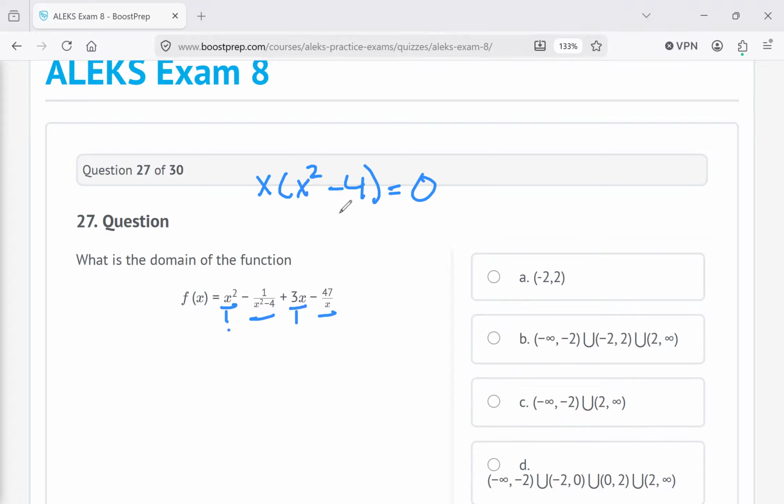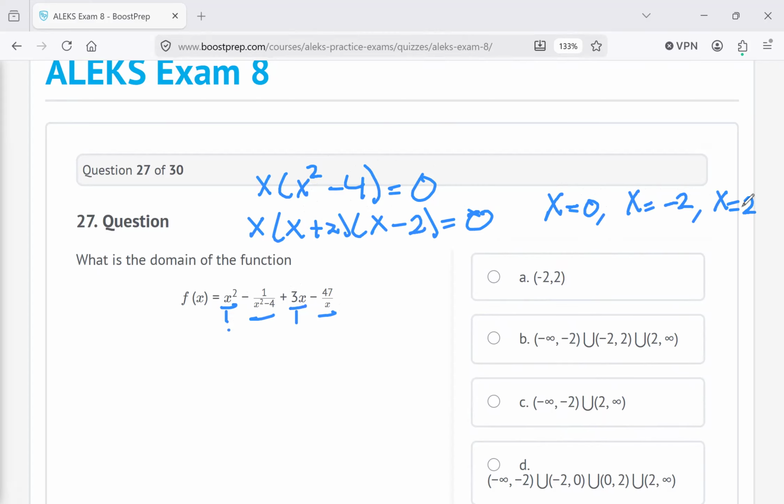So this is like a perfect square: x plus 2 times x minus 2. Get x equals 0, x equals negative 2, x equals 2. So it's going to be from negative infinity to negative 2.